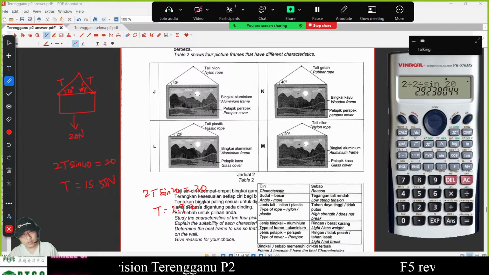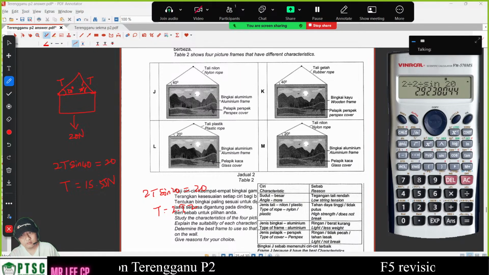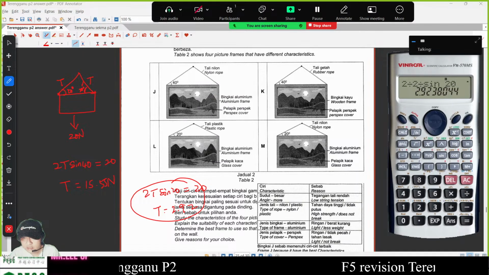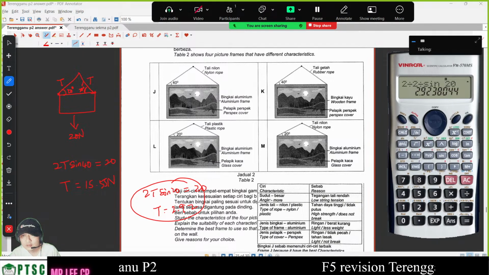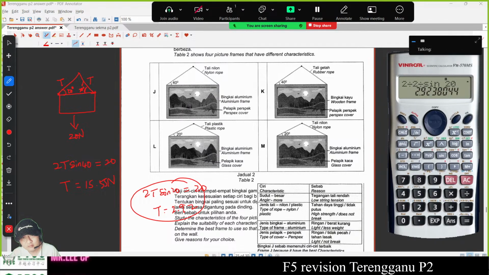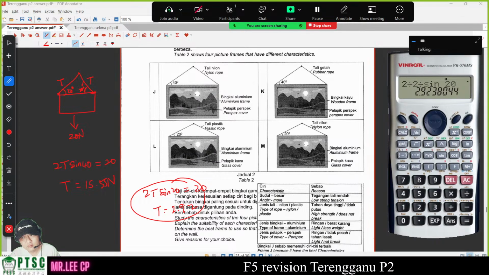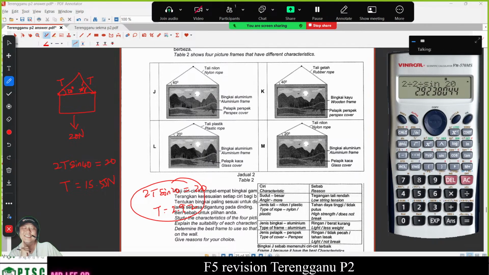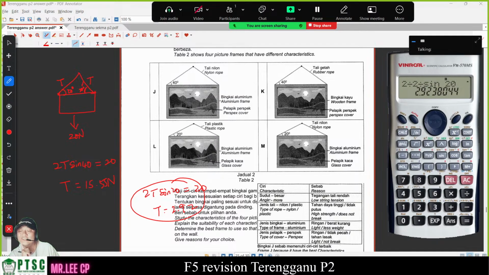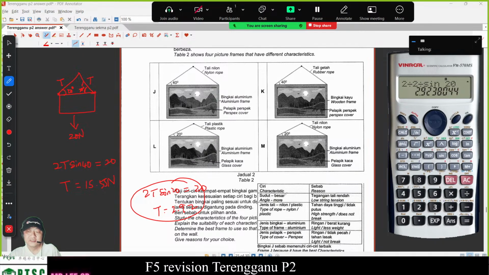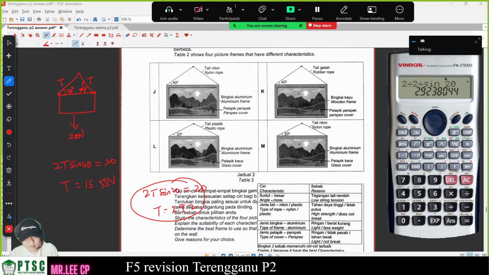Which one will give you less tension? Still this one. But they want anchor bigger. The answer is wrong. Low string tension. If big anchor, it will give you more tension.